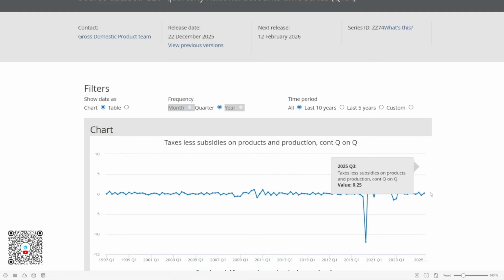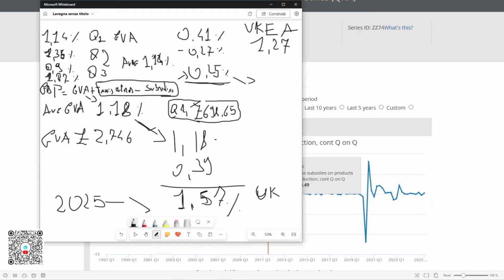So we have Q1, Q2, Q3. We take the average, it's 0.39. We add it back to our average growth of 1.18, and we get to 1.57. So I do expect that 2025 GDP growth would be around 1.5%, hopefully 1.6%.